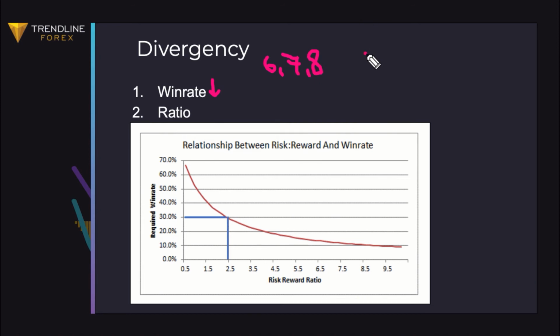Therefore, in those 2, 3 or 4 successful trades, we must make more profit and make up for those losses. That means we should be looking for a greater risk to reward ratio. Now, if we're looking for a risk to reward ratio of 1 to 1 when trading against the trend, well then that's not going to be enough. This chart shows us what risk to reward ratio we would need depending on our win rate.